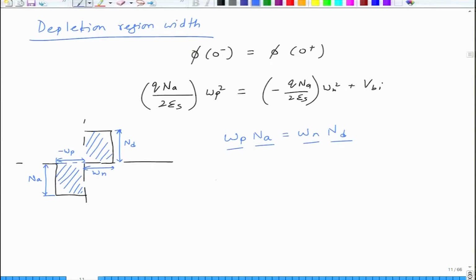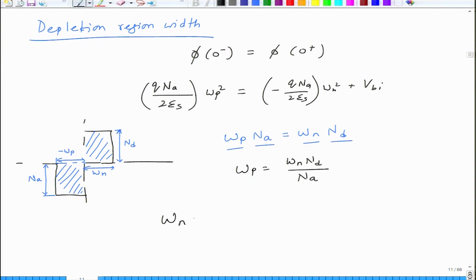Otherwise you will not have electroneutrality, or the junction will not be at equilibrium. So from this I can write down Wp is equal to Wn Nd divided by Na. If you now make the substitutions of this in the previous equation, you can calculate what is Wn.